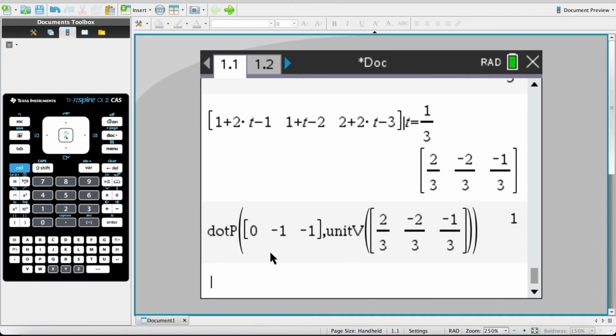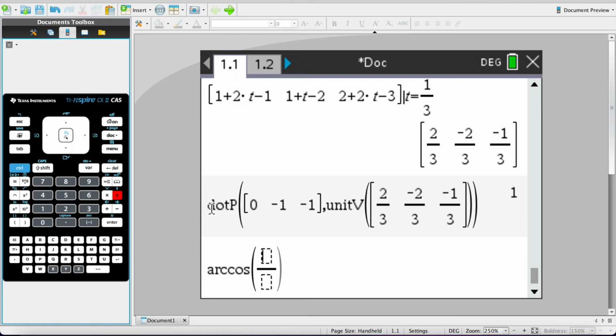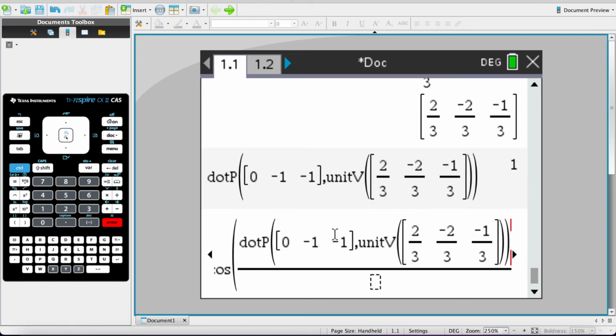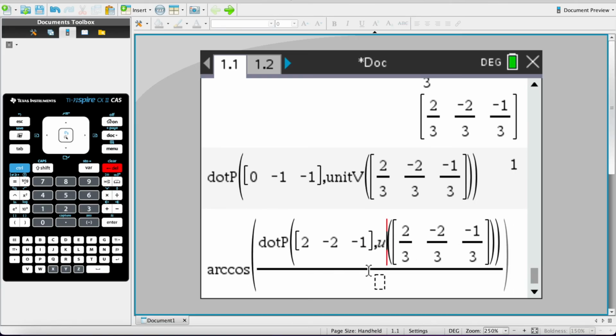So if I go in degrees, cos inverse or arc cos, and you've got the dot product, so I'm just going to use this again on the top, and I'm just going to change it, so 2, negative 2, negative 1, which is fine, and the other one is not a unit vector anymore.